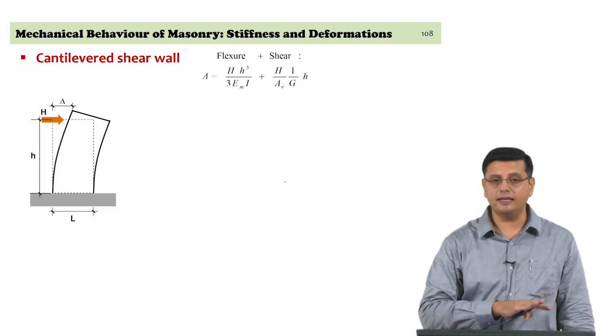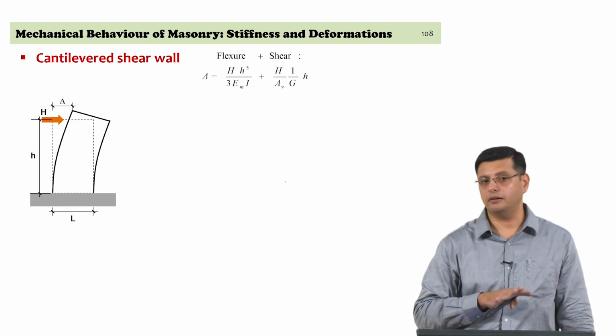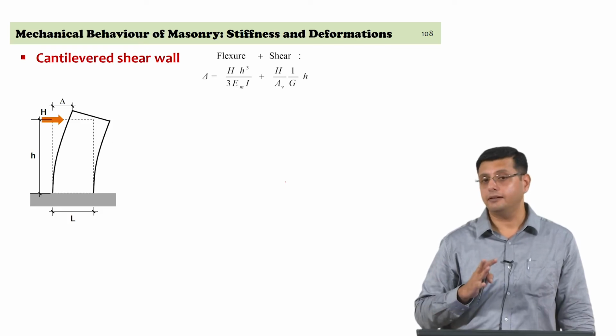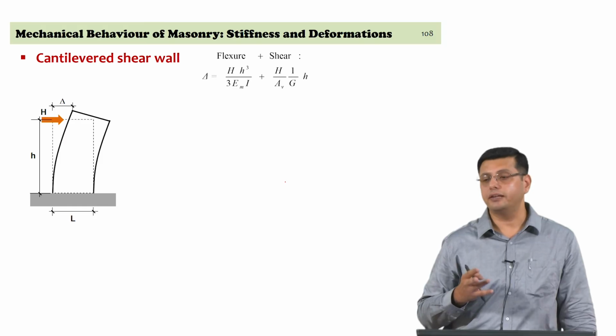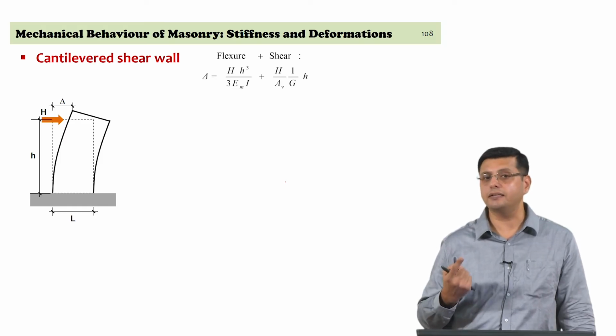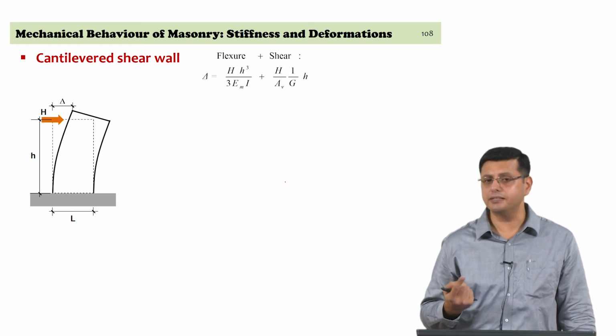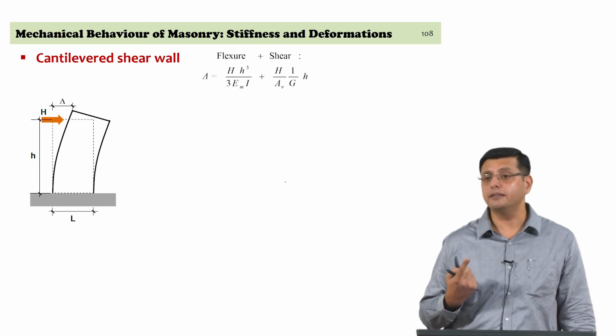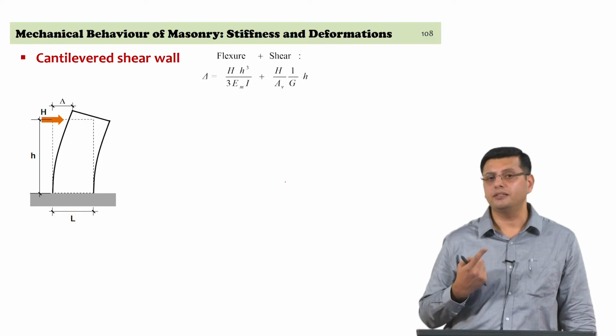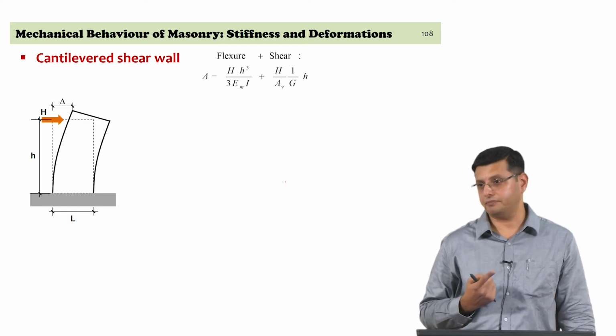When we look at flexural elements, such as reinforced concrete frames, and we calculate deflections in reinforced concrete members, given the slenderness ratios, we typically calculate only the flexural deflection.